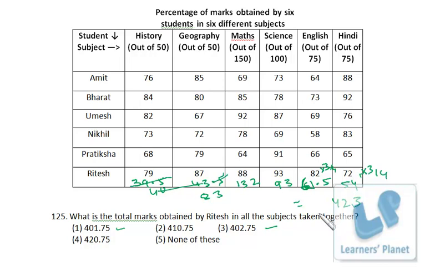So 423 is the total marks, and the total is 100, 200, 300, 500. So the total marks will be out of 500. Okay, here we have to just find out the total marks. So total marks will be around 423. Okay, so that's not there in the options, so it is none of these. Okay.